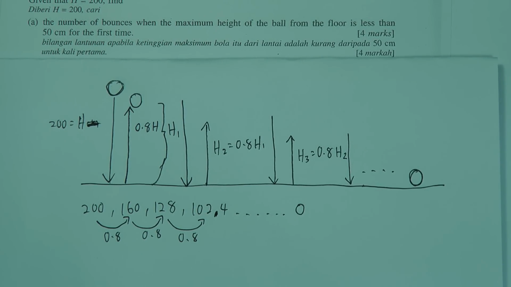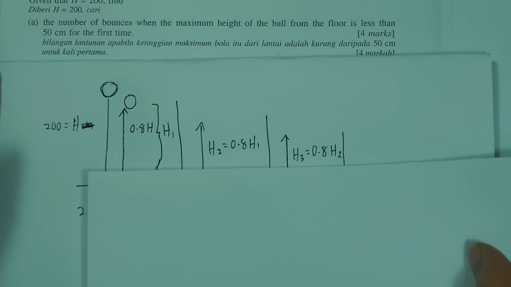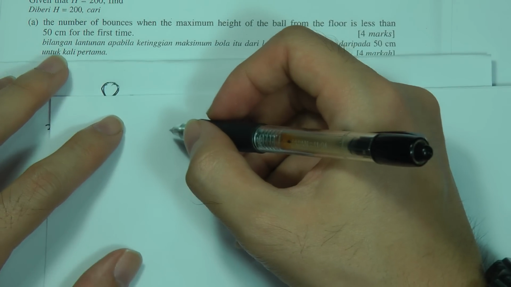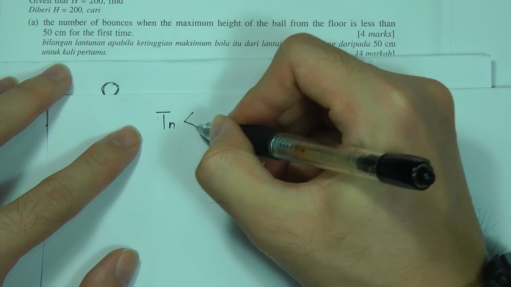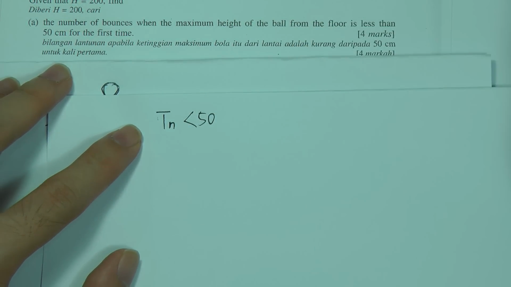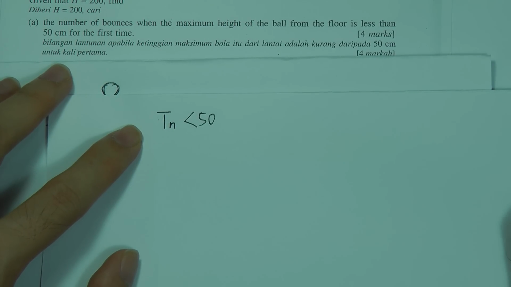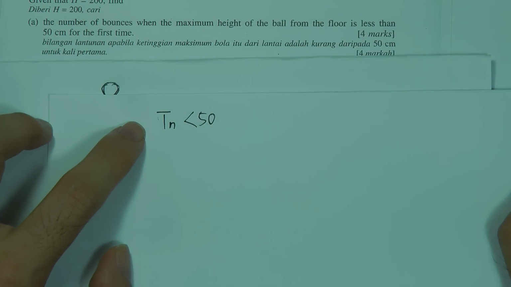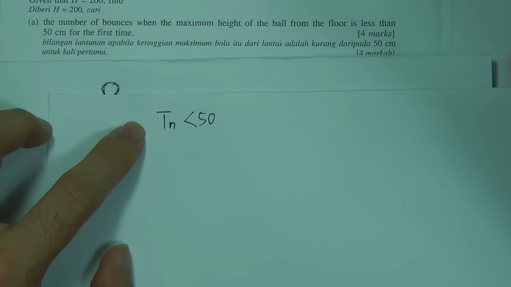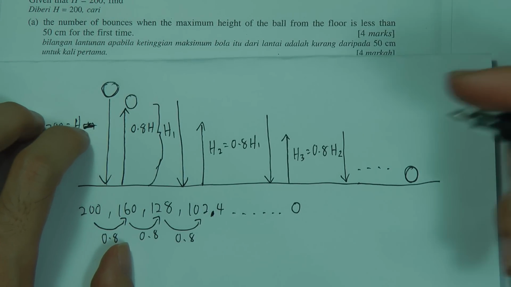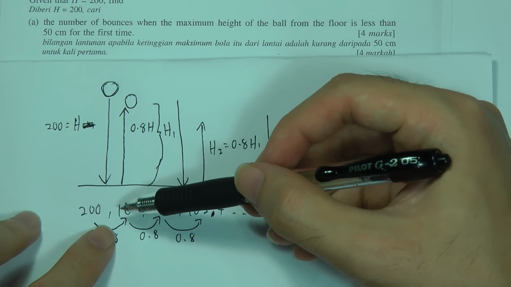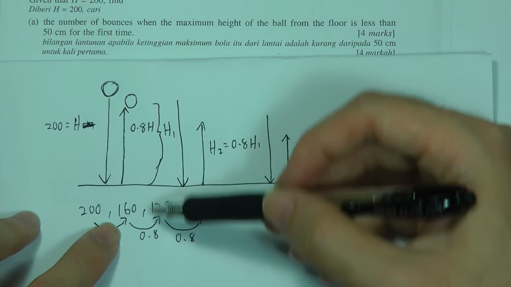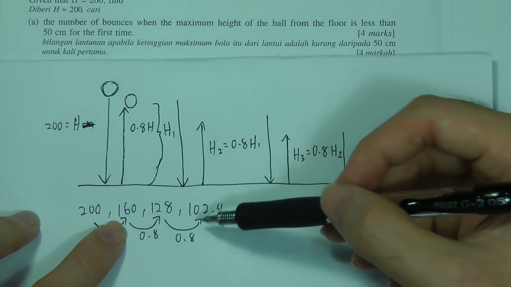So he wants to find in which bounce the ball's height is less than 15 cm, because as the ball bounces, the height gets smaller and smaller.